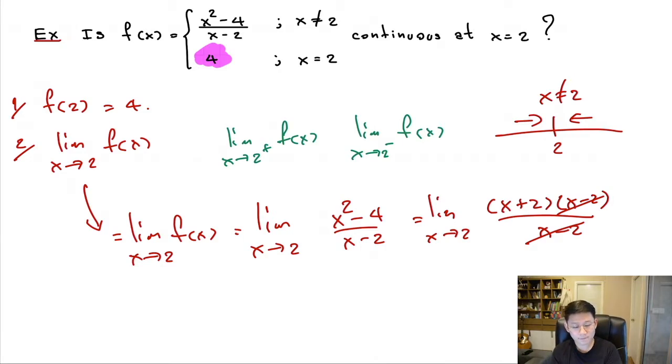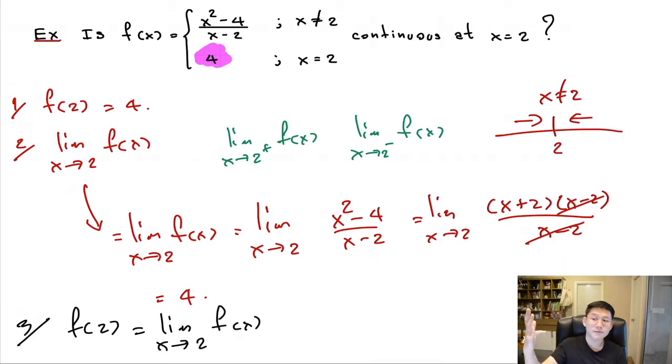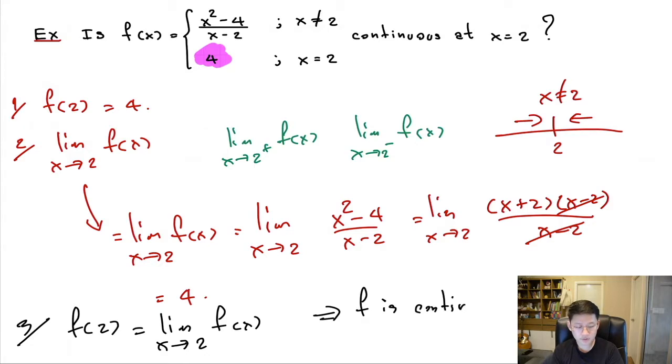So here we have 4. Third, f(2) equals the limit as x approaches 2 of f(x). So we have 3 conditions satisfied, which means that f is continuous at 2. Make sense?